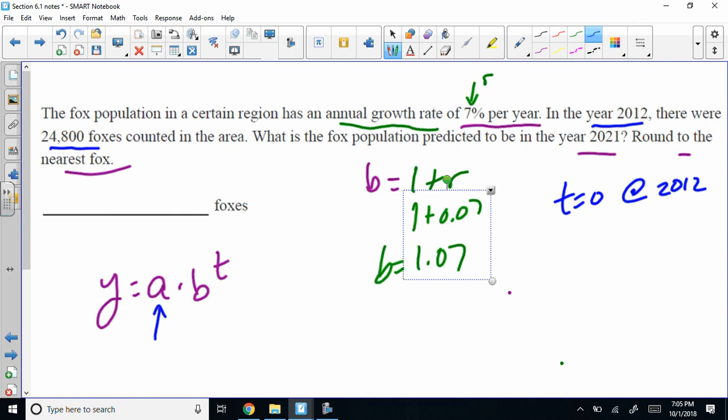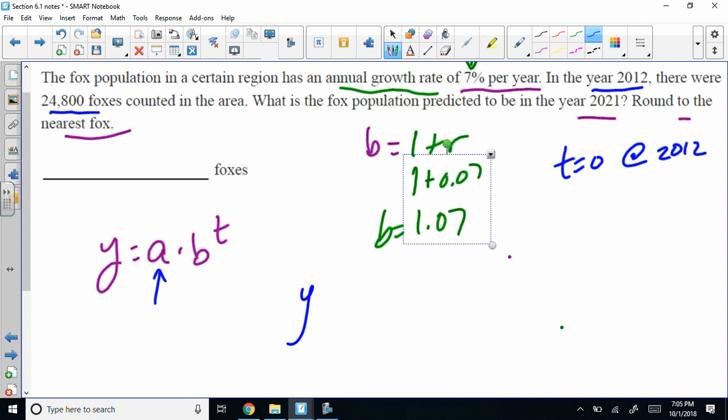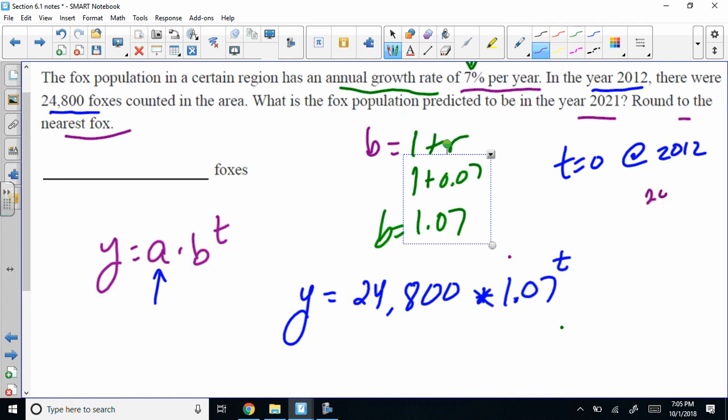So what we have is this: y equals 24,800 foxes times 1.07 raised to the t. Now that t, guys, is going to be 2021 minus 2012, which is 9.